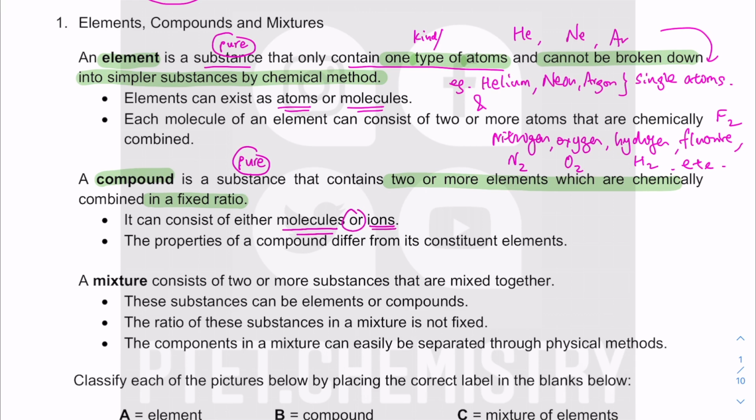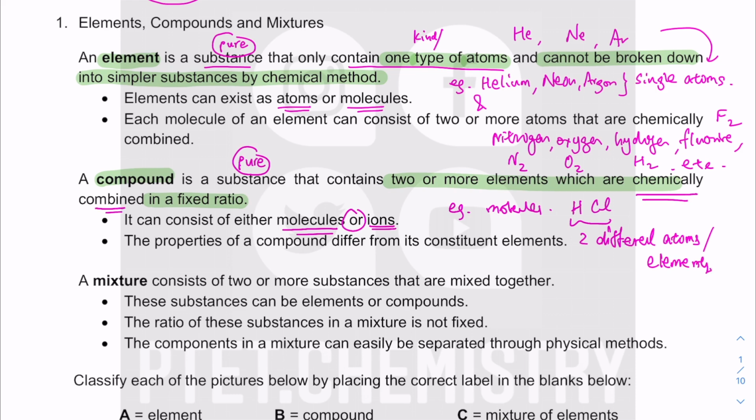All right, so examples of molecules. Just now H2 is two hydrogen atoms. If I have HCl, these are two different atoms, or you would say two different elements, and they are chemically combined.